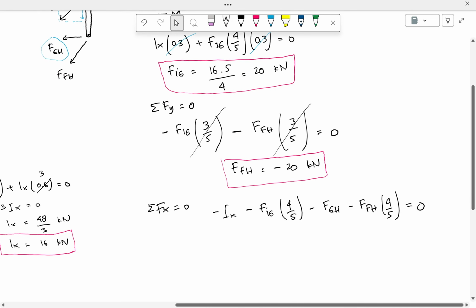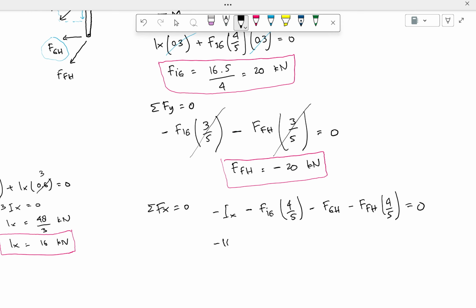Okay. So Ix is minus 16. Ix is 16, right? So it's minus 16. FIG minus 20 times 4 over 5. Okay, minus FGH minus FFH minus 20, and then 4 over 5 equals 0.